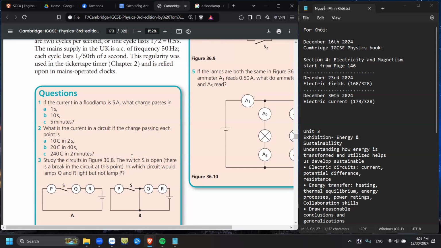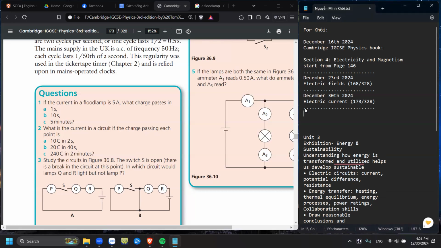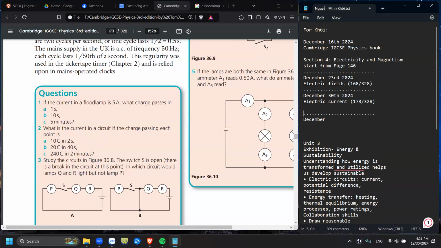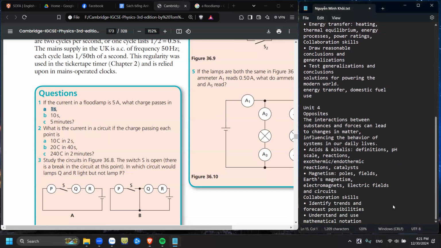Is it 10 seconds? Try again. No, I'm talking about 1 second here first. What charge passes in 1 second? So we need to really pay attention.